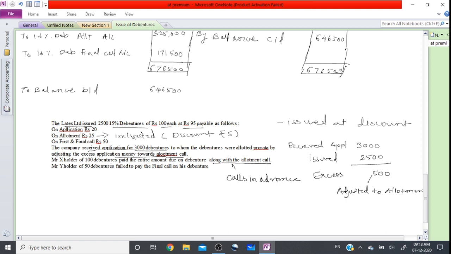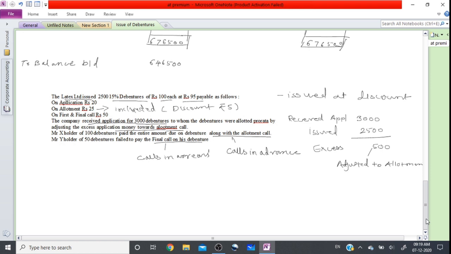Okay, so this is a calls in advance. And here Mr. Y, holder of 50 debentures, failed to pay final call. So what it indicates? It indicates calls in arrears.